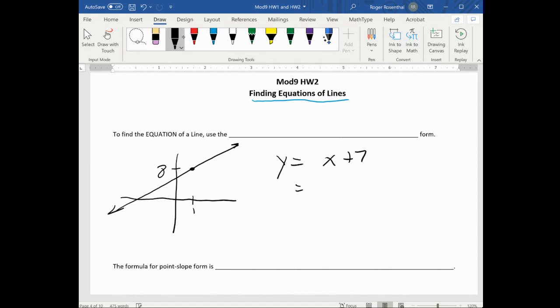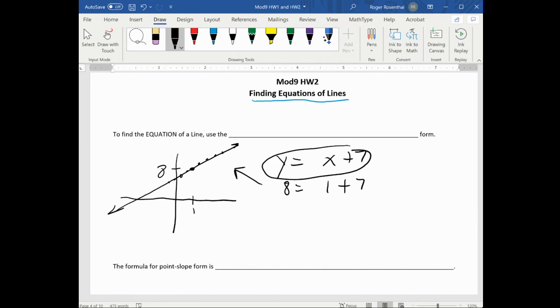Notice that when you plug 1 in for x and 8 in for y, it's true. So the equation of a line is an equation that every single point on that line makes true. So if this was really the equation of that line, then every single point that I can find on that line would have to make that equation true.